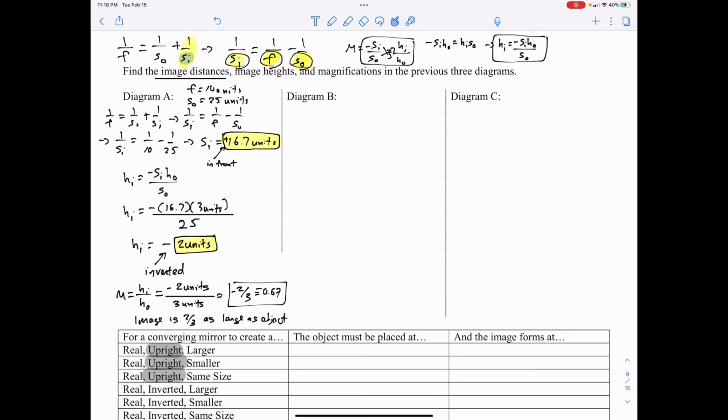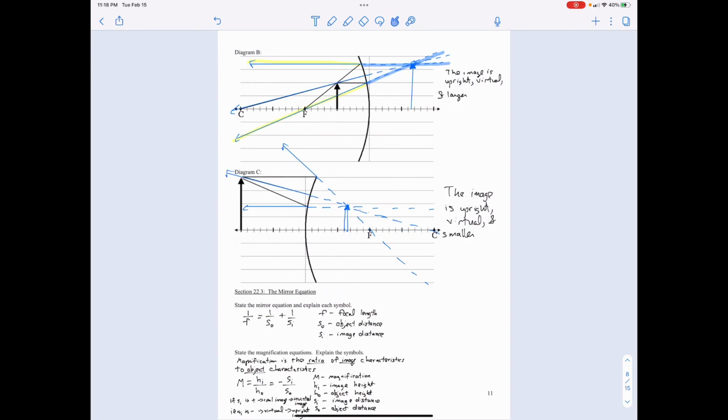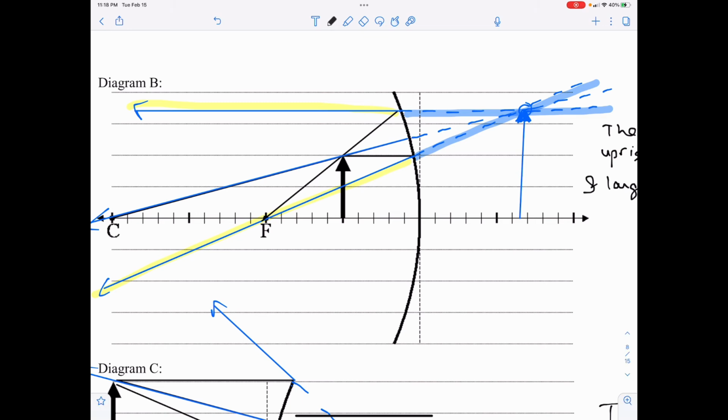Okay, let's take a look at diagram B. For diagram B, the focal point F is still 10 units, but this time SO is 5 units. It's really close.